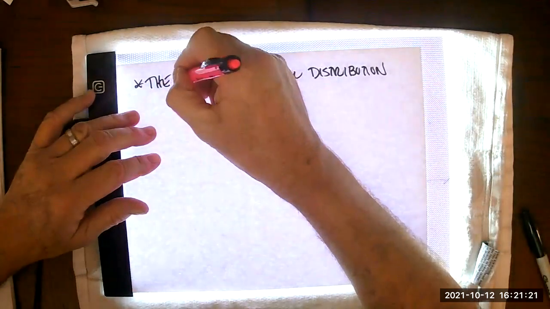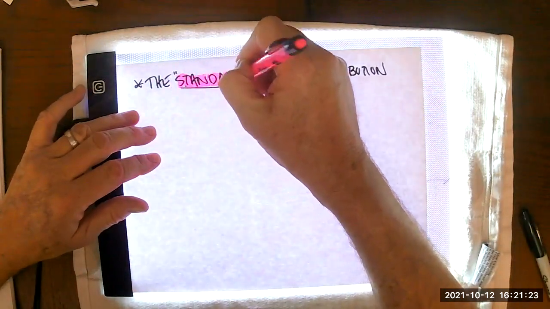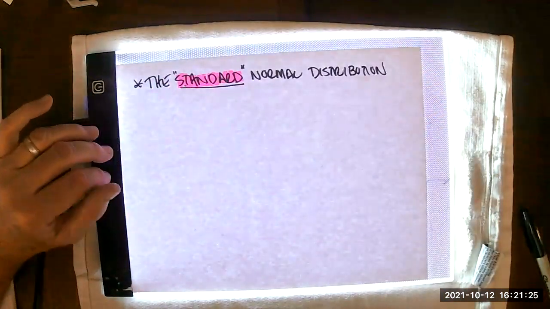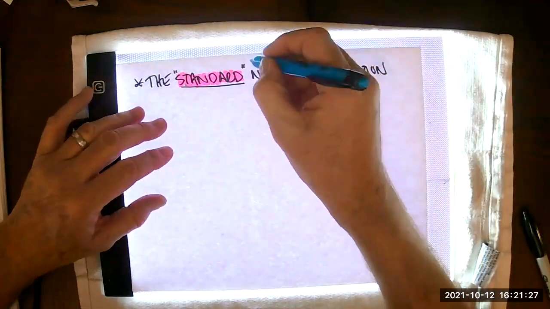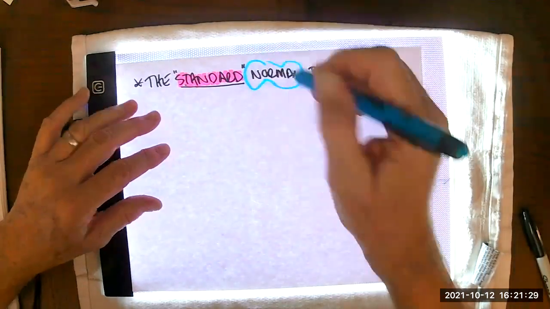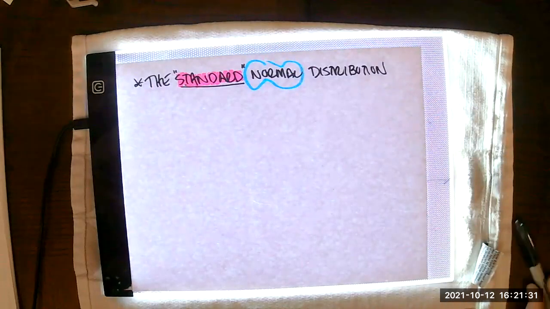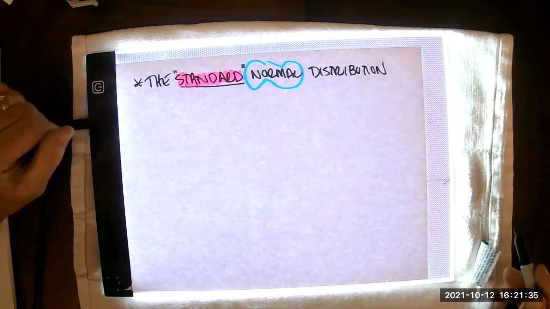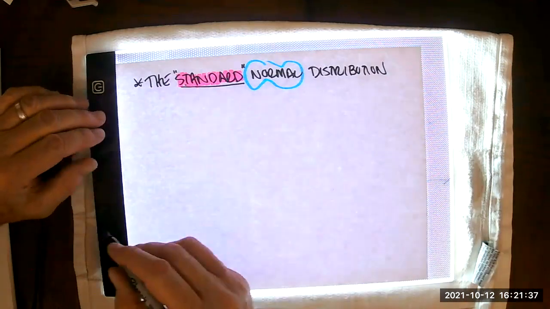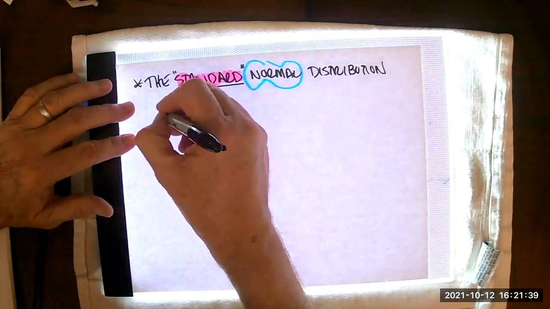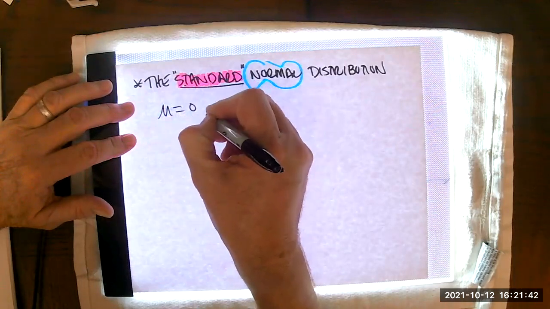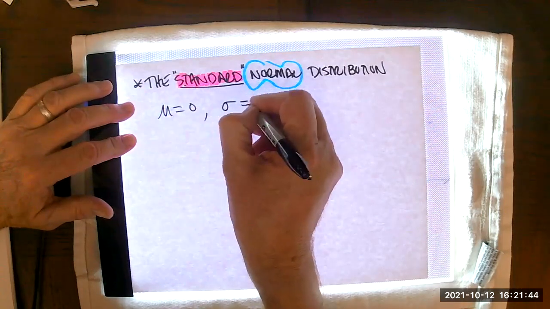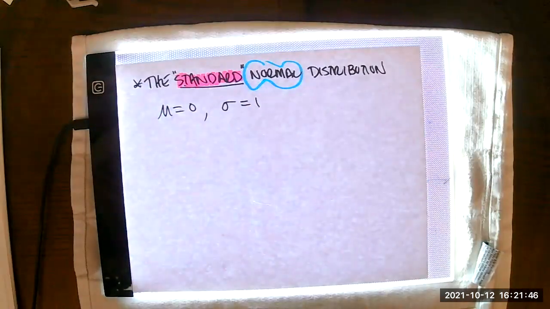What do we mean by a standard normal distribution? Well, I note, I'm sorry, I love my colors here. I note we're talking about a normal distribution, which means bell-shaped. The standard normal distribution has a mean of 0 and a standard deviation of 1.